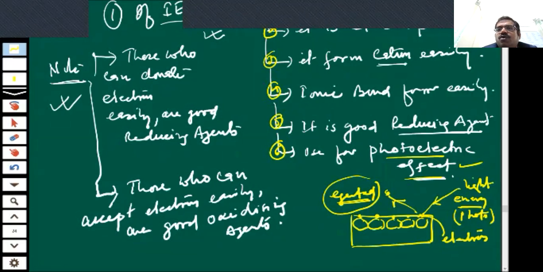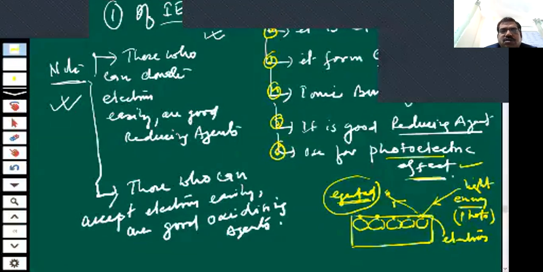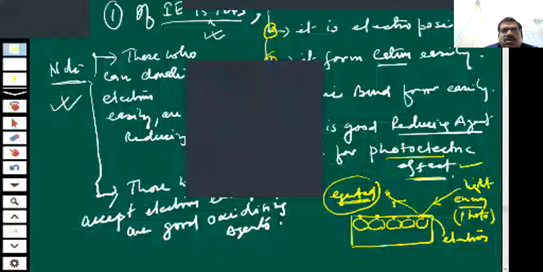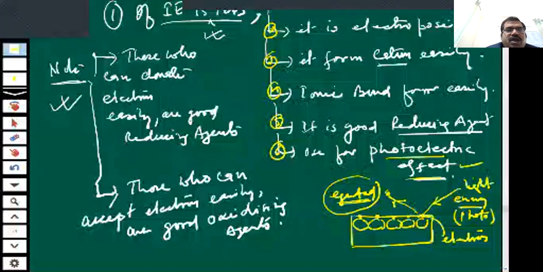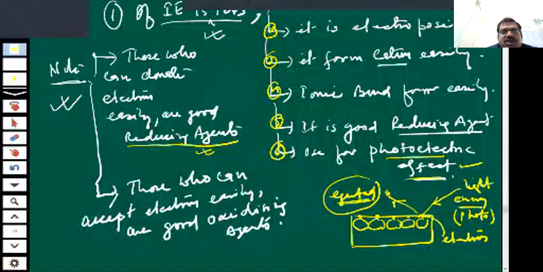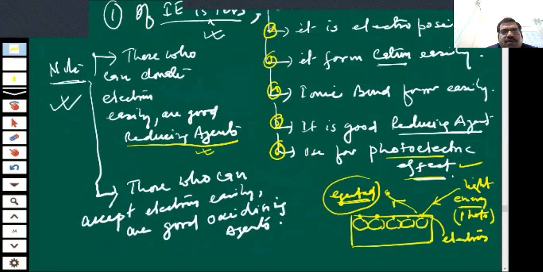We will discuss the photoelectric effect later on, but today the intention is in the note: those who can donate electrons easily are good reducing agents. Reducing is an important phenomenon in chemistry that we will discuss.